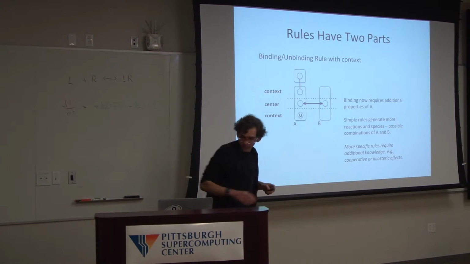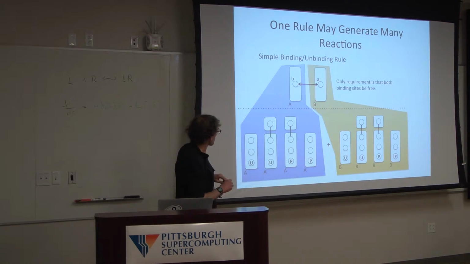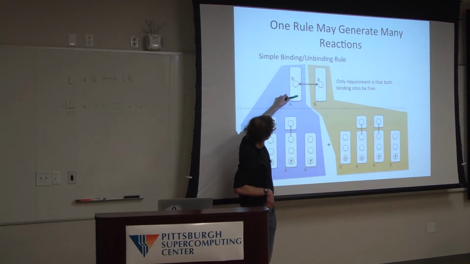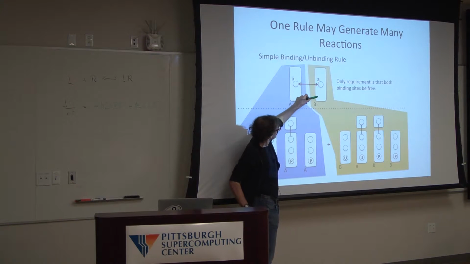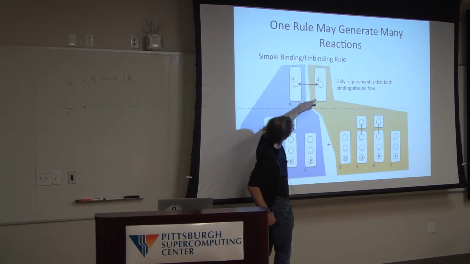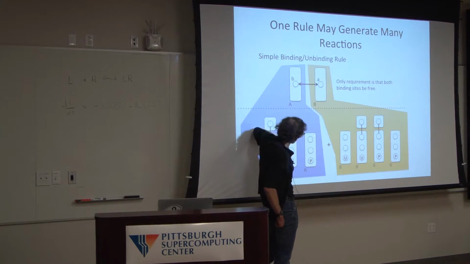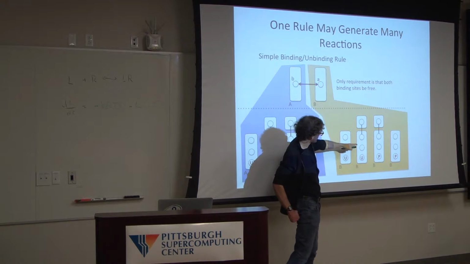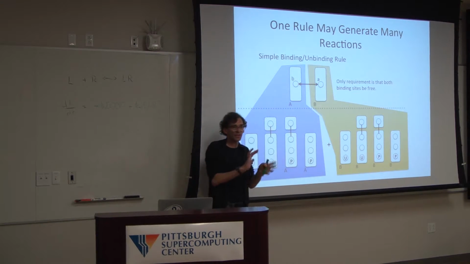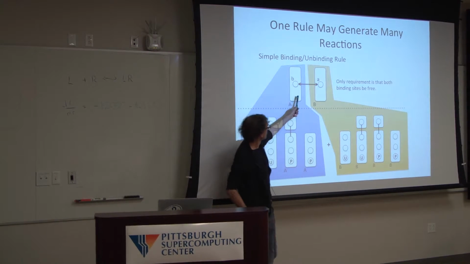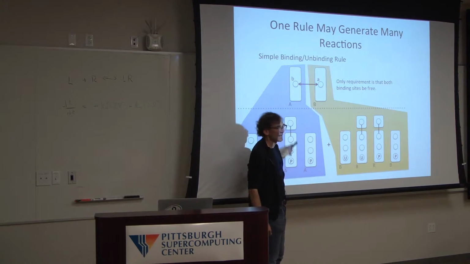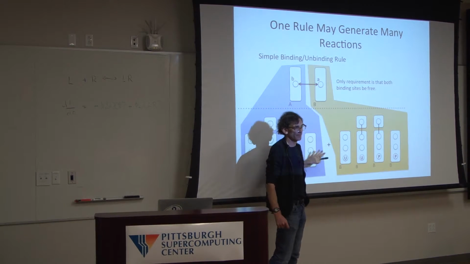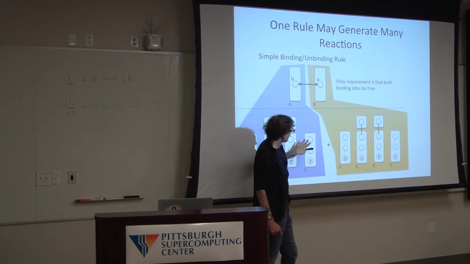Just to back up for 1 minute, the key thing is that each pattern in this rule, the A pattern and the B pattern, is selecting multiple different potential instances of each type. And all of those combinations are possible. So this particular rule that says A binds to B could generate lots of different AB binding reactions.